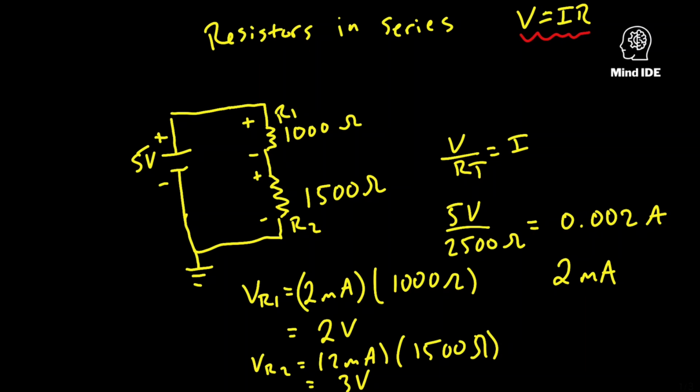So all your voltage sources, we'll call V, minus VR1 minus VR2 should equal 0. 5 volts minus 2 volts minus 3 volts equals 0, which it does. 5 minus 2 is 3. 3 minus 3 is 0. So that works out.